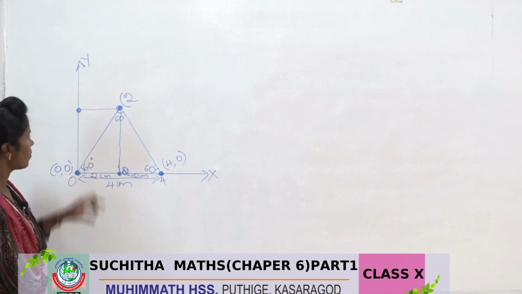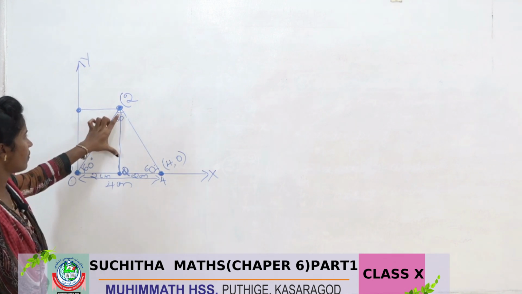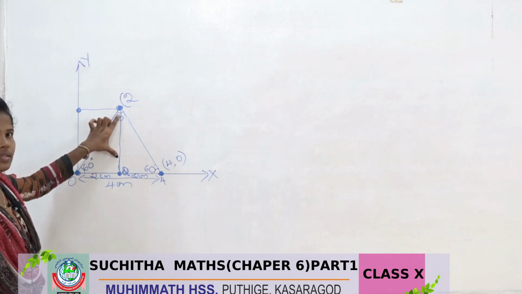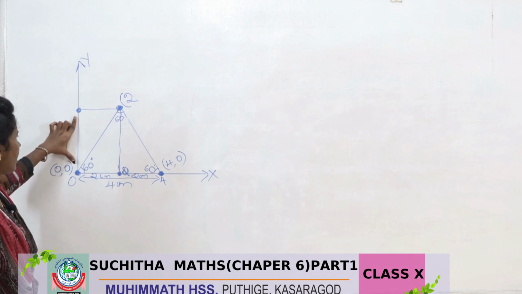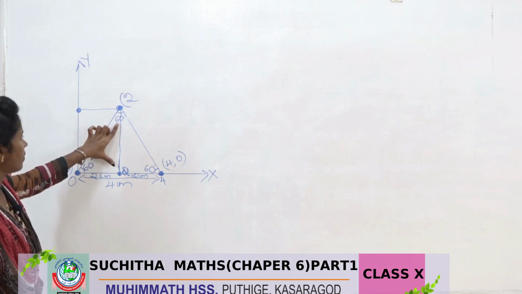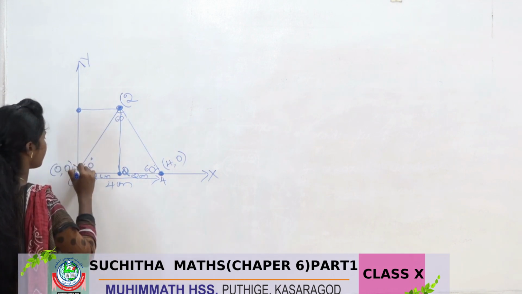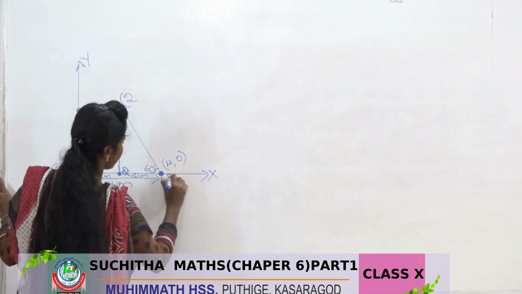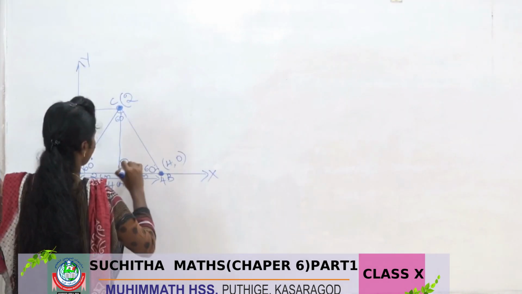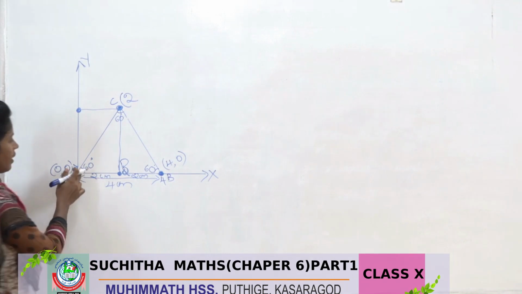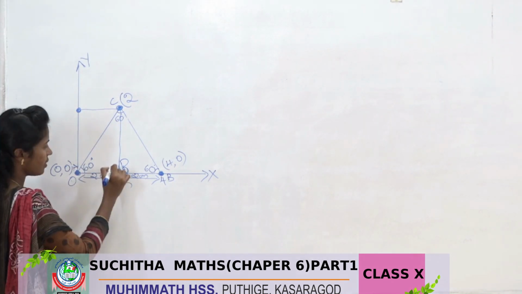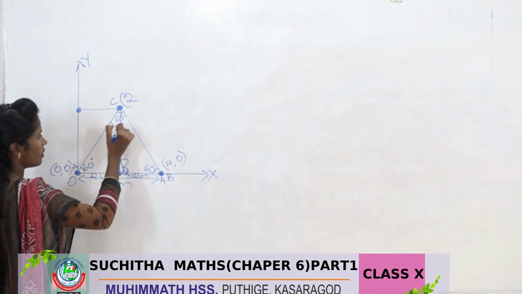So first find out the length of this line. This length is equal to this length. So find out this length first. So this angle is 60, then this angle is 90, therefore this angle is 30 degrees.